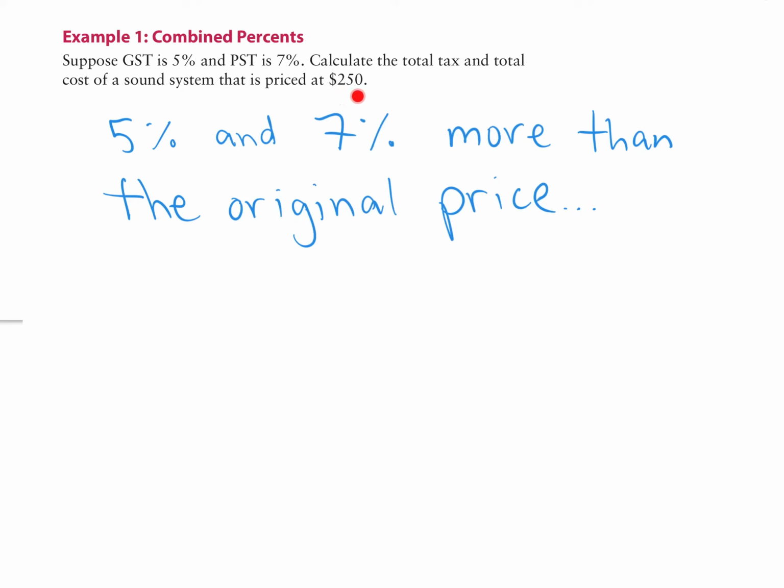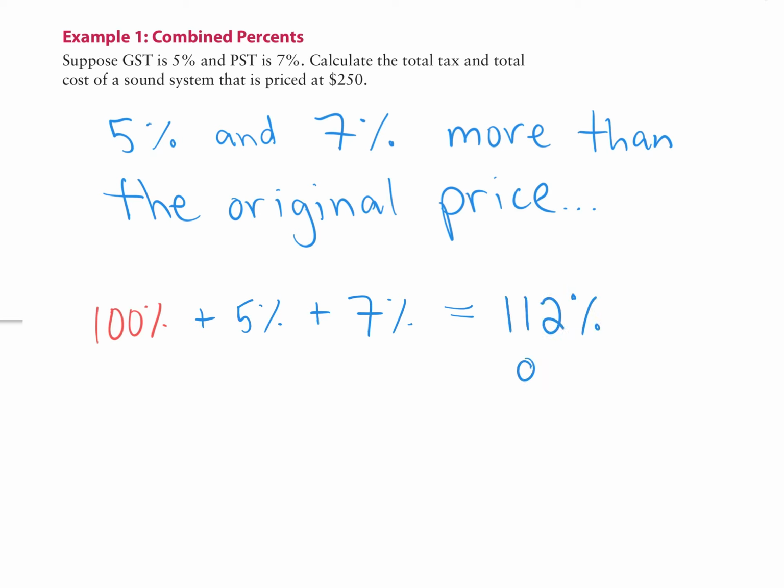That's how stores work. You pay the price. So we'll call this 100%. So if I pay $250, I've paid 100% of the price. But then I've added a 5% and 7% tax to this 100%.